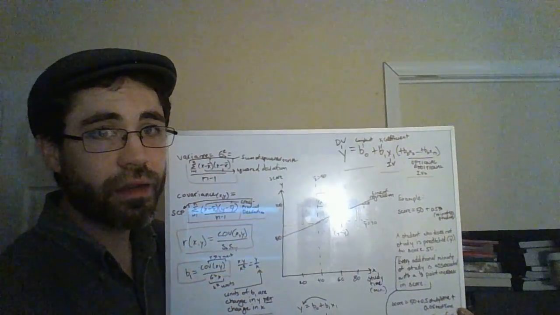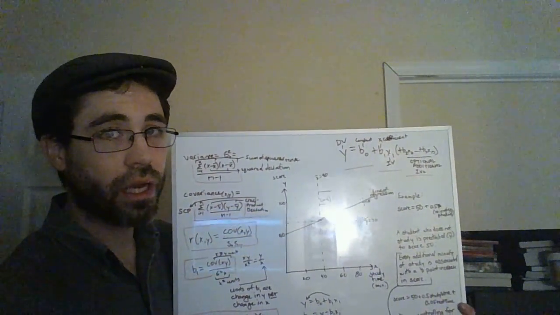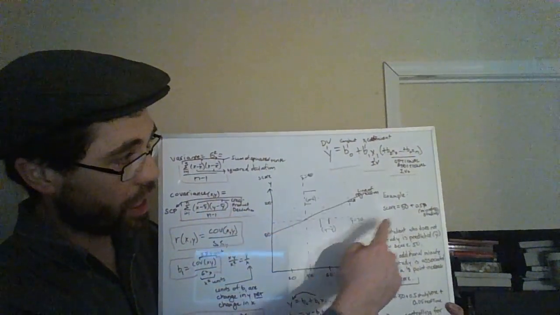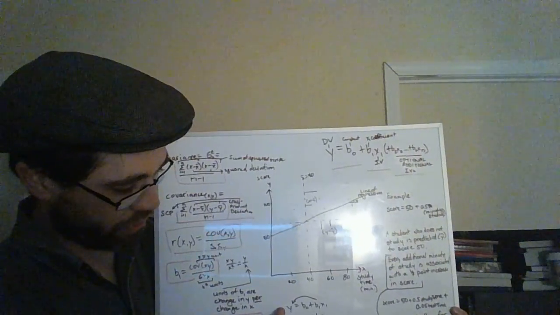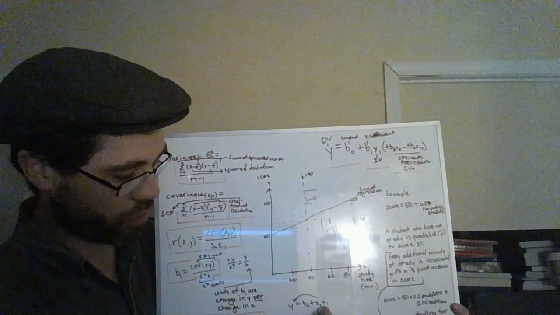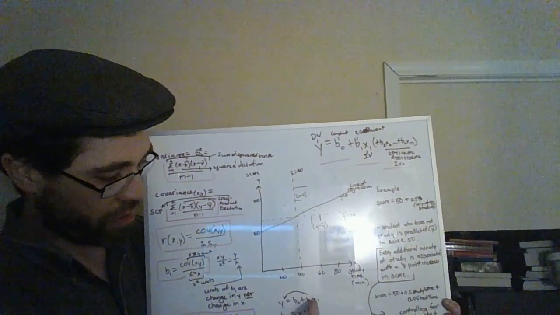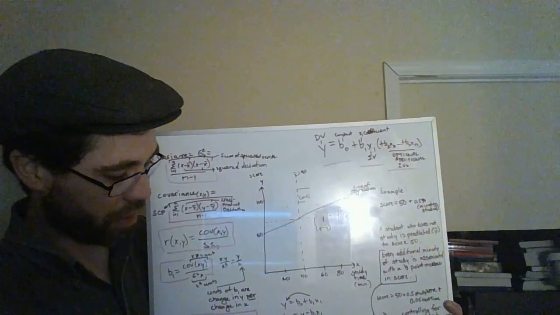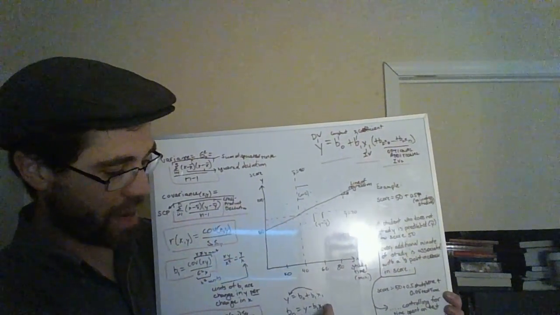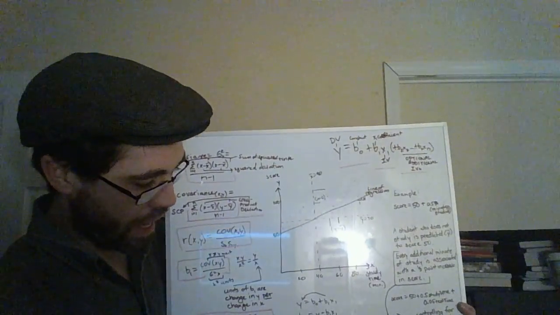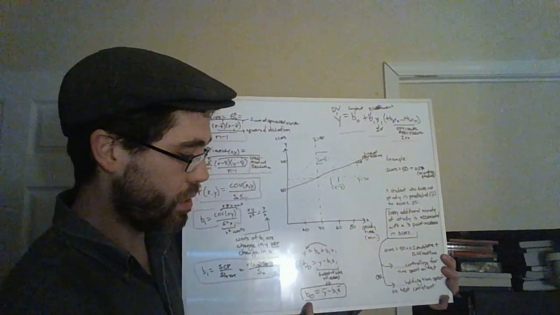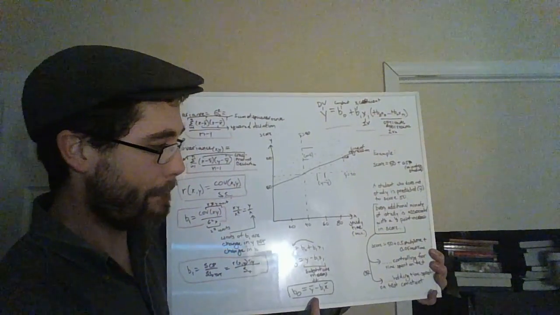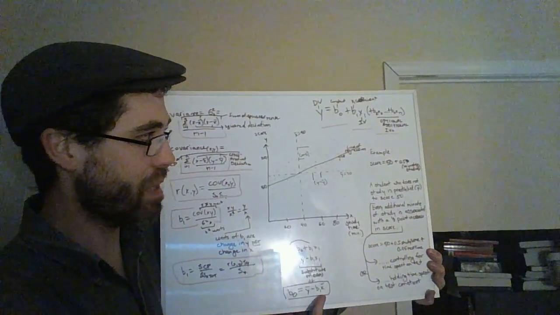And if we've done that, then to find out the constant, we can just plug in our coefficient, our b1, in this case 0.5, and rearrange the equation. So if we've got y equals b0 plus b1x1, if we move the b1x1 to the other side, then b0 by itself equals y minus b1x1. And if we substitute the means, then the constant is equal to the mean of y minus the coefficient times the mean of x.